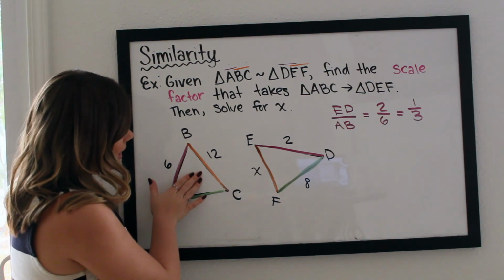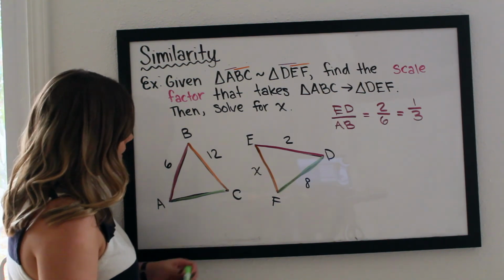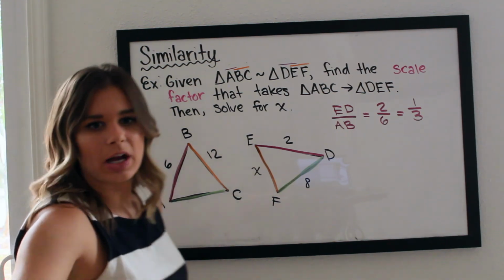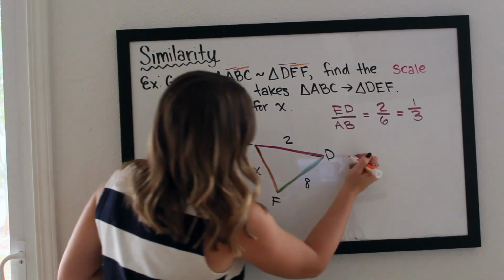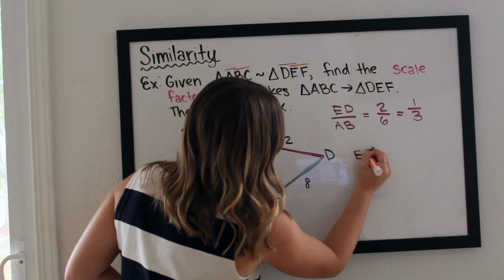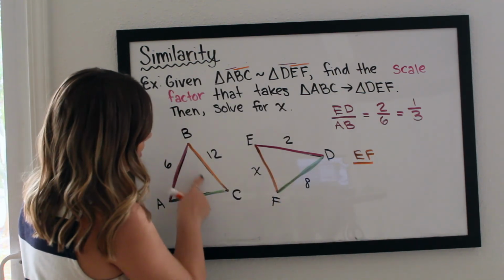So BC corresponds with EF. So that means that, let's come up with our ratio. So let's go EF, because it's small over big, EF over BC.